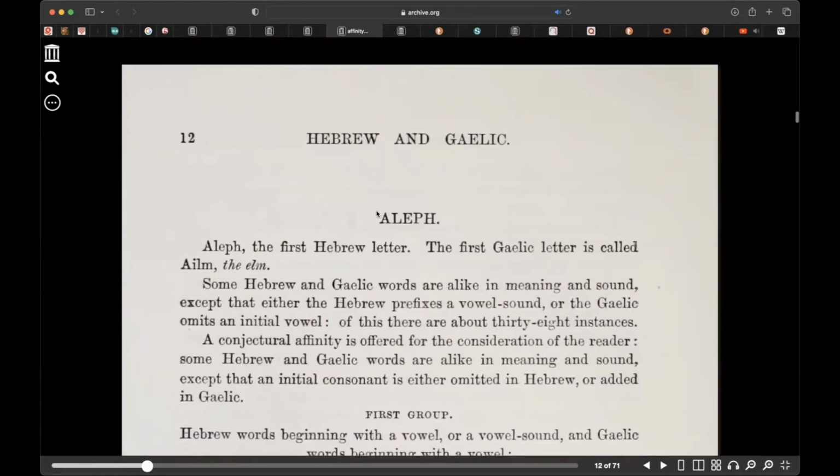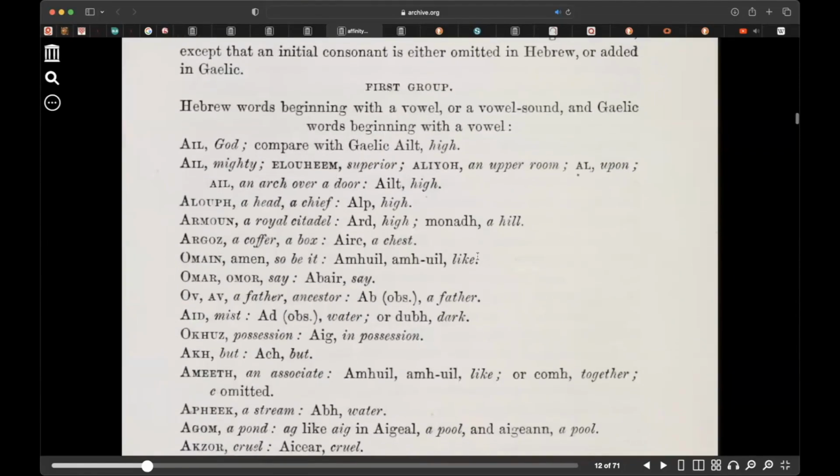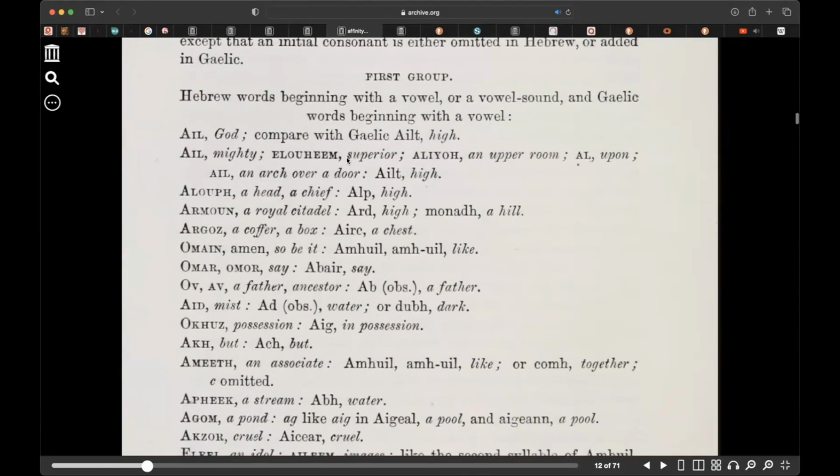So basically, he's going to go through each letter of the Hebrew writing. So right here, he has some examples of what he's talking about. Says here, first group, Hebrew words beginning with a vowel, and in Gaelic, words beginning with a vowel. Says here, El, God, compared with Gaelic, ailt, high.